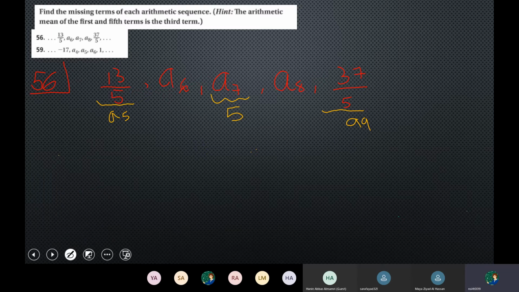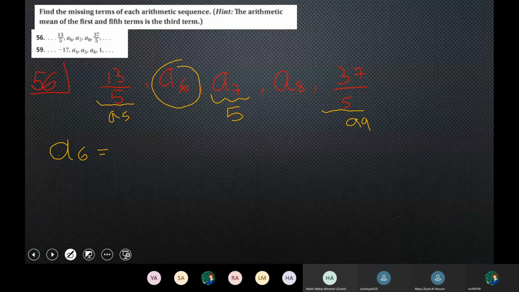Now, I want to find the other terms. Let's find now a sub 6. A sub 6. Who can help me? Yes, Ragad.